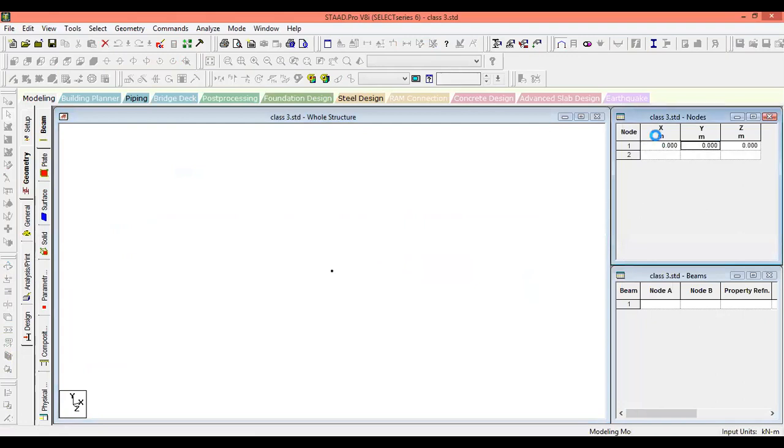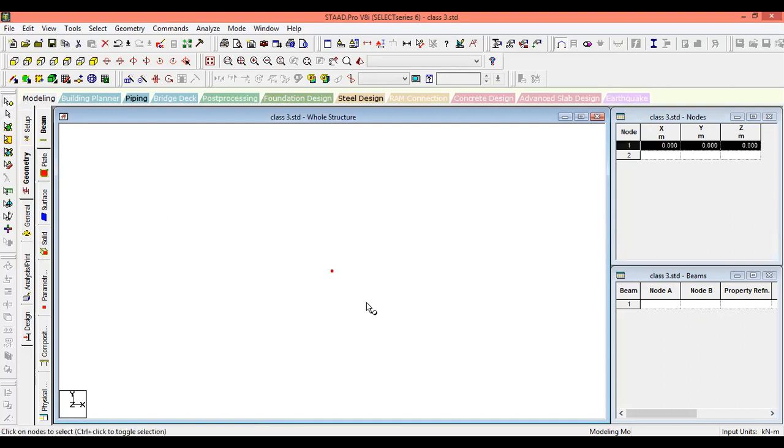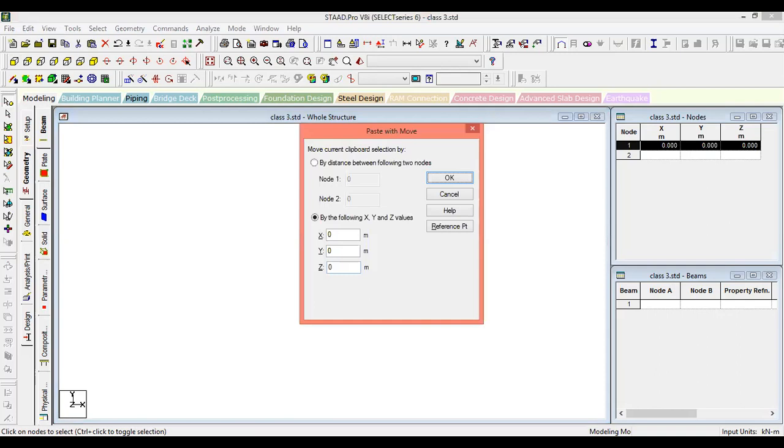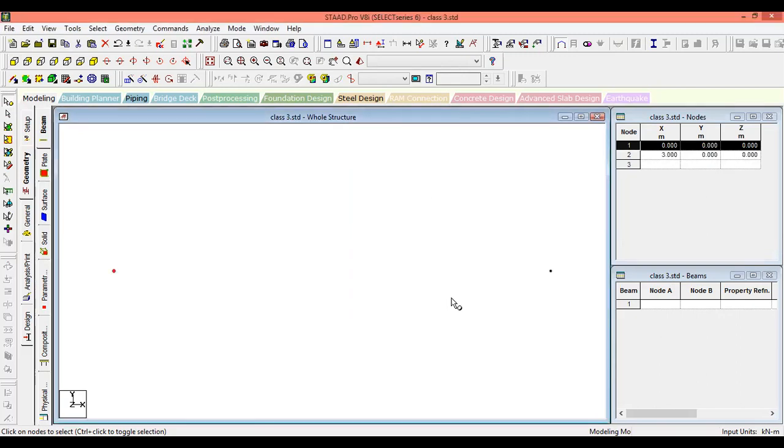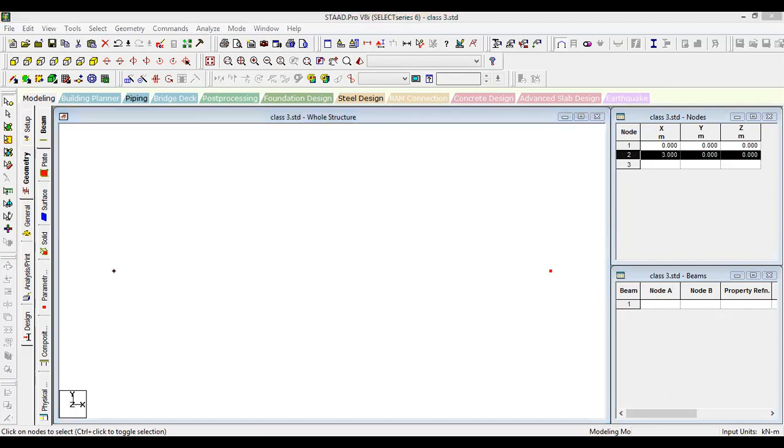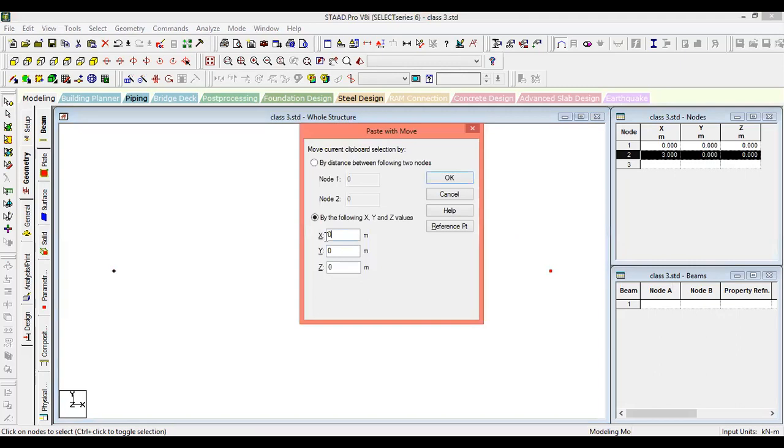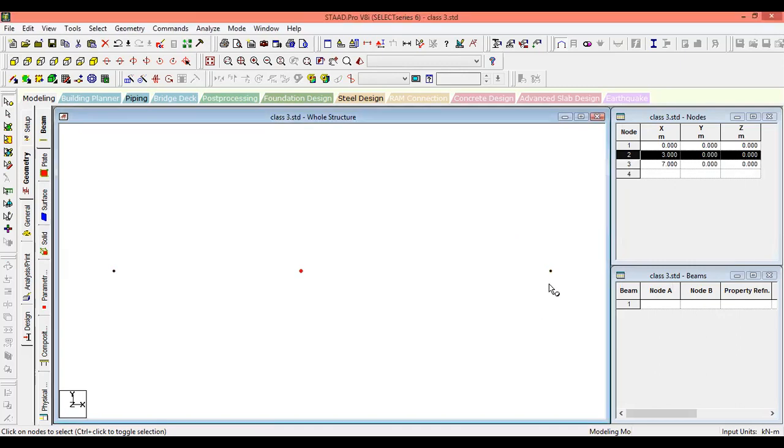Now we will go to 0, 0. Then we will go to this value and we will copy and paste this. The first span was 3 meters, therefore x is equal to 3 meters. And the second span was 4 meters, x is equal to 4.